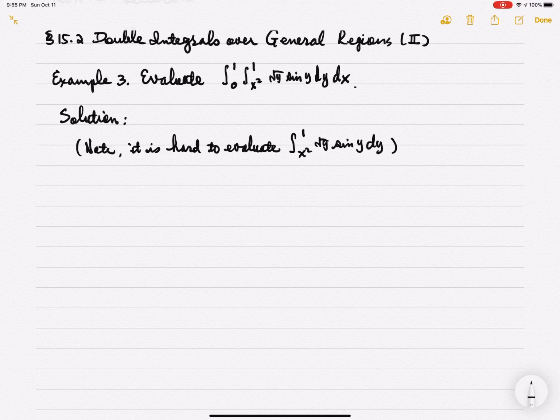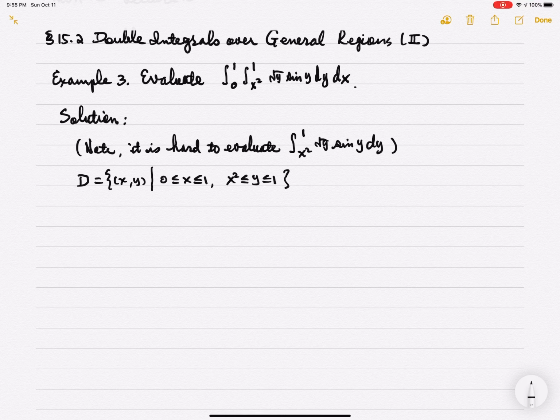And then let's look at the region of integration. The region of integration is like this. D is, here's the x, y, with x between 0 and 1, and y between x squared and 1.